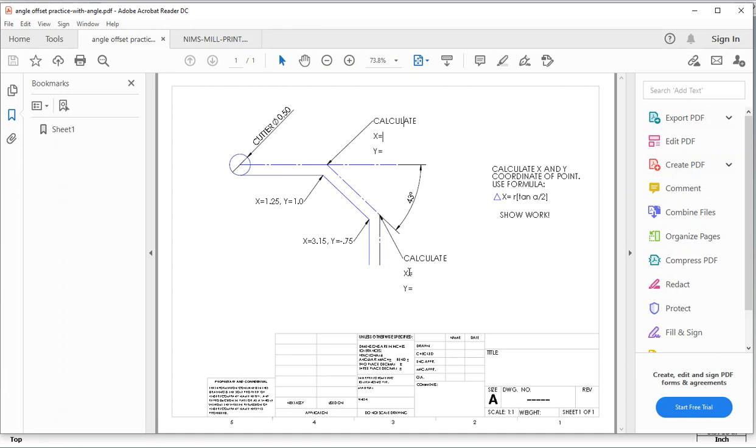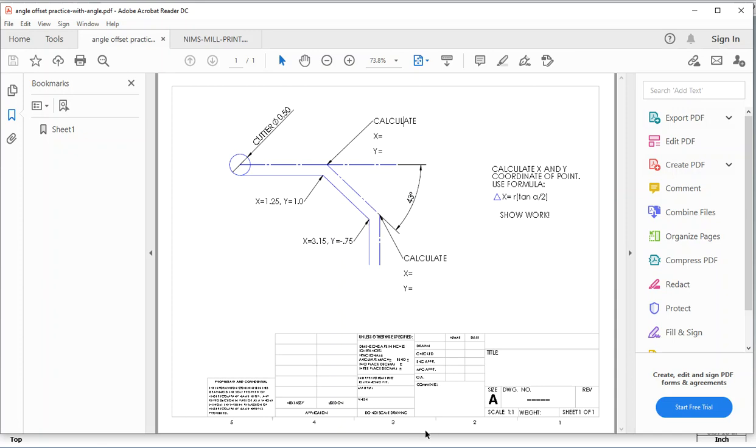Alright, so my x is going to be this 3.15 plus the radius of the tool, which is 0.25. So my x here would be 3.4. My y is going to be, right here it tells us that it's minus 0.75, but I'm going up, I'm going in the positive direction.